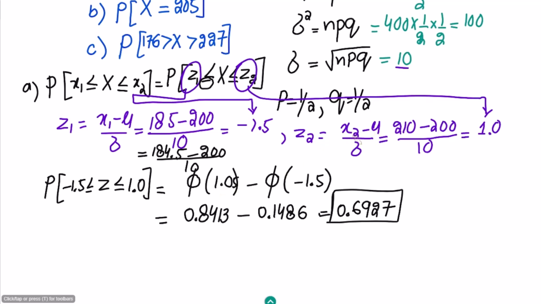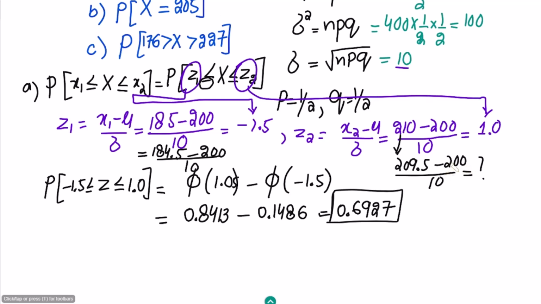Okay, similarly here we will have to make this one as 210. So if I want to make this x less than this one, it would be 209.5 minus 200 divided by 10, and that would be something different.